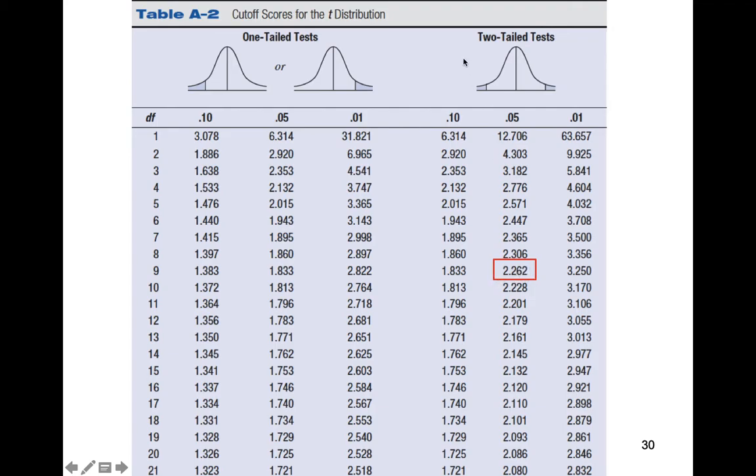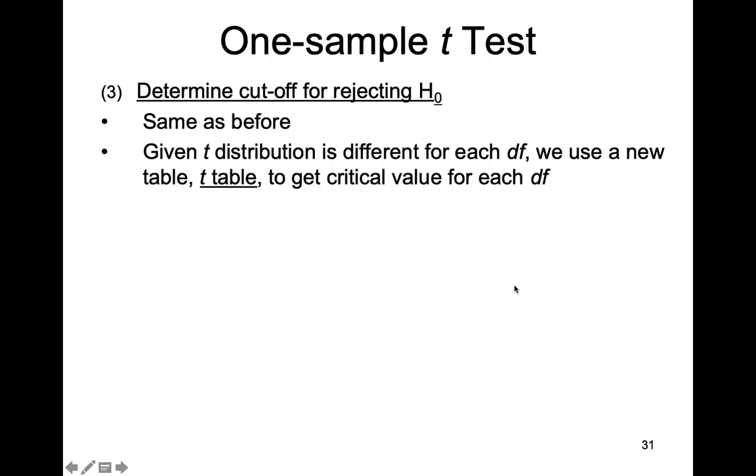Now notice here that we're doing a two-tailed test, but we just have the positive value. We should recognize that this means that we've got a critical value of positive 2.262 as well as negative 2.262. Okay, just like the plus or minus 1.96, we've got plus or minus 2.262.